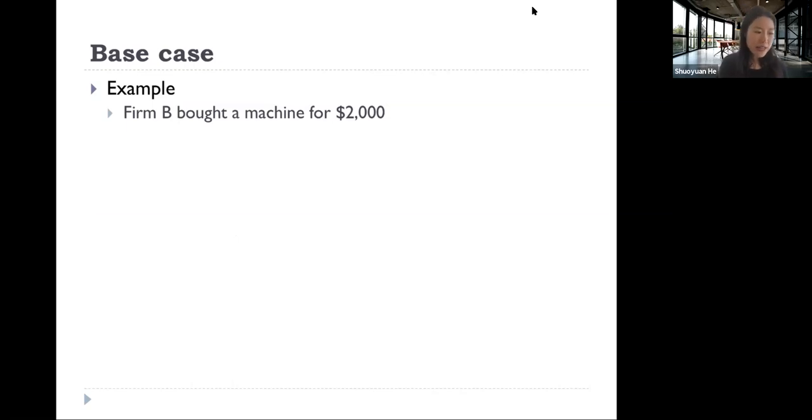So the journal entry here is to debit PP&E 2,000 if the firm decides to capitalize this item, and credit cash or accounts payable, whatever the firm is giving out, for 2,000. We're going to talk more about this credit part later. For now, let's just assume it's either cash or accounts payable for 2,000. So that is the journal entry.